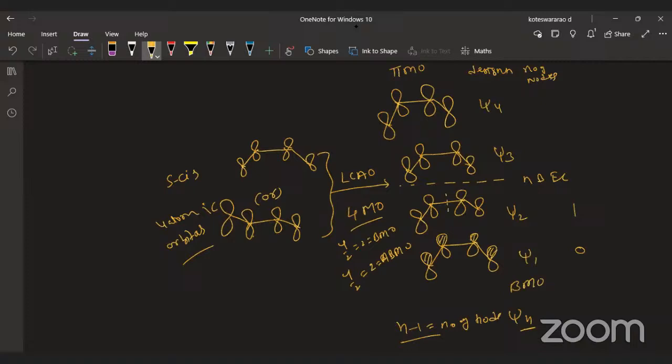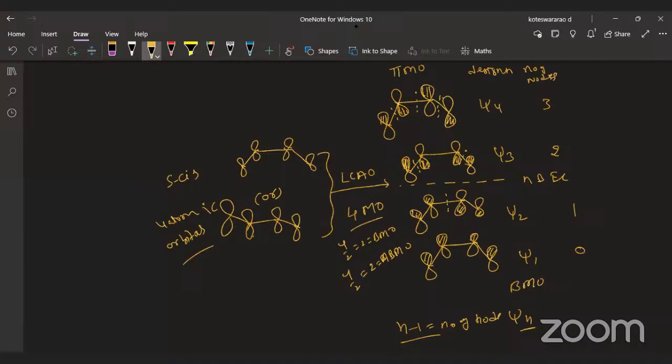The node is here. For psi3, 3 minus 1, 2 nodes. One node is here, and another node is here. For psi4, that means 3 nodes are there. The node points are here. These are the 3 nodes.